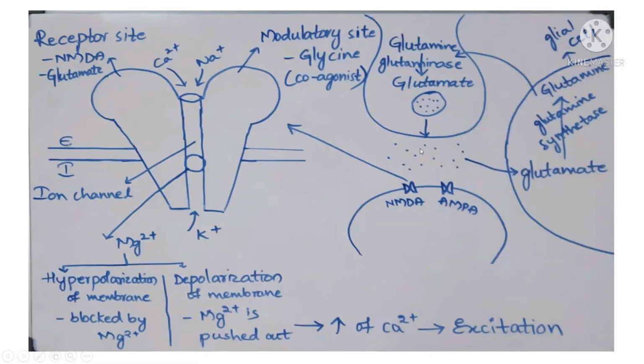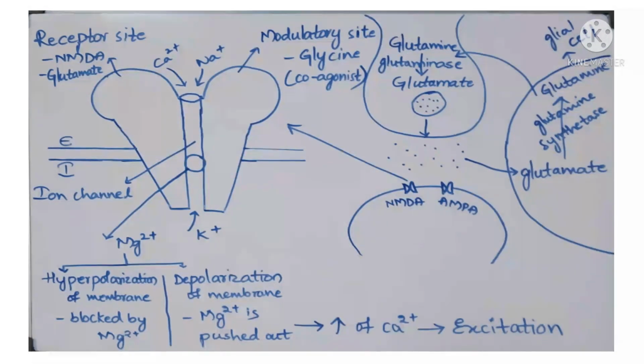First, whenever it acts on the NMDA receptor, this is the view of the NMDA, N-methyl D-aspartate receptor. This is the structure of the receptor, and here we can see the extracellular and intracellular sides.